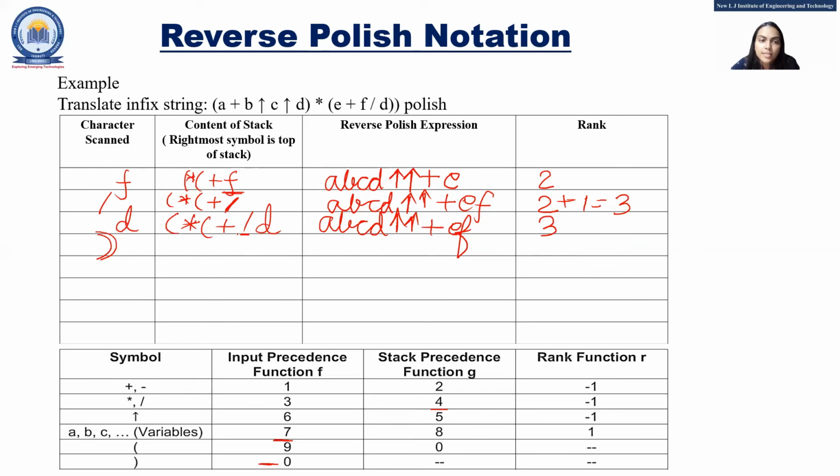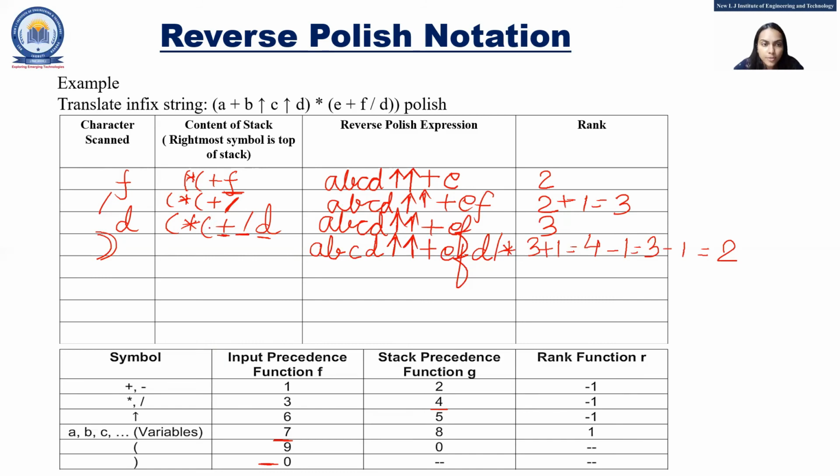So D, slash, and plus are having higher precedence. So all 3 will be popped out. Here we have A, B, C, D plus E, F, then D. When we add D, it would be plus 1, 4. When we add slash, it would be minus 1, 3. And when we add star, it would be minus 1, 2.